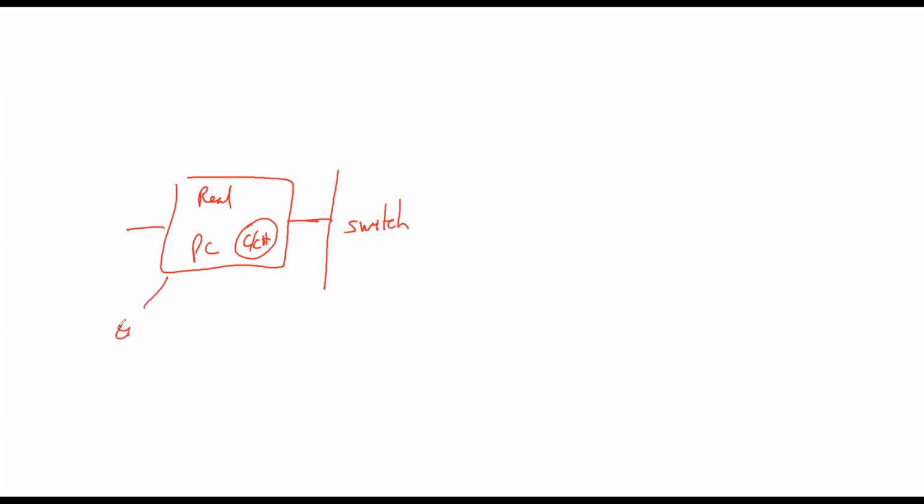So you can see here we have a switch. We have the real PC, let's say, but then there's some code in here, some C++, and this has the TuneTap interface, and then that TuneTap is connected to that.